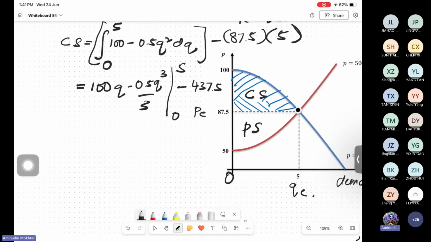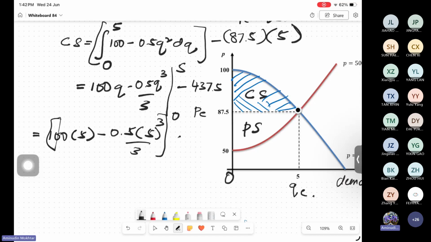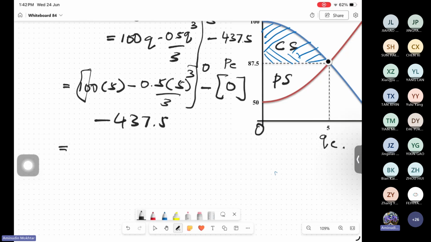So based on this definite integral, this is 100 times 5 minus 0.5 times 5 to the power of 3 divided by 3, and then minus 0, because when q equals 0, the whole expression equals 0. And the last one, minus 437.5.